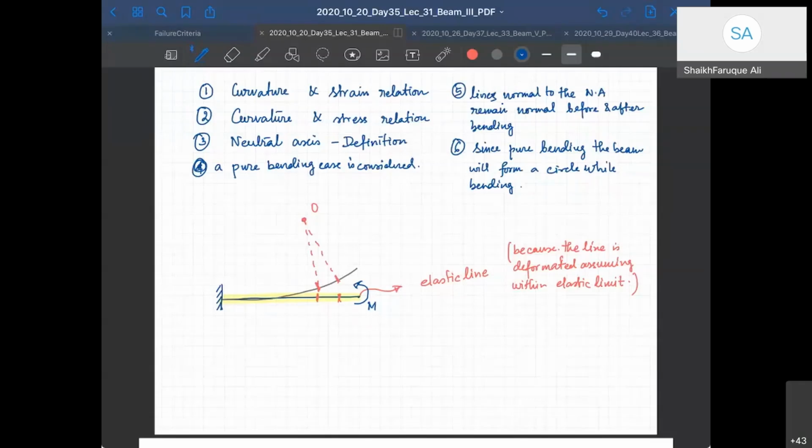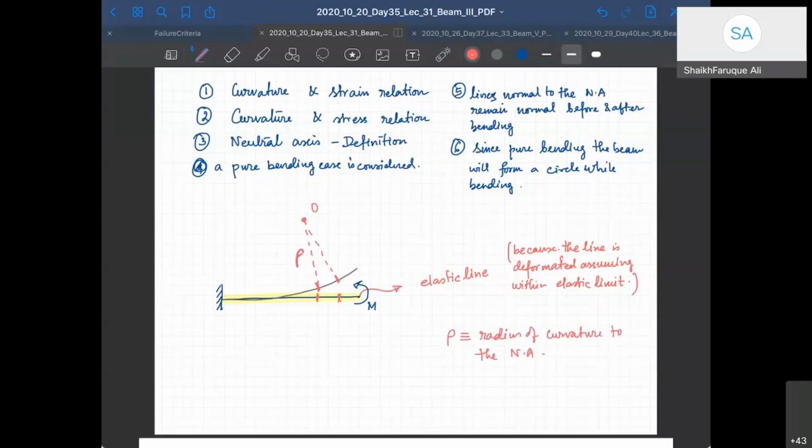So if this is my rho, the radius of curvature to the neutral axis. What is rho? Rho is the radius of curvature to the neutral axis.